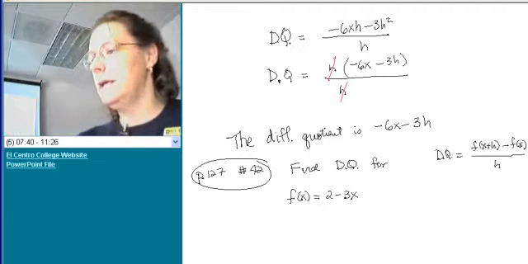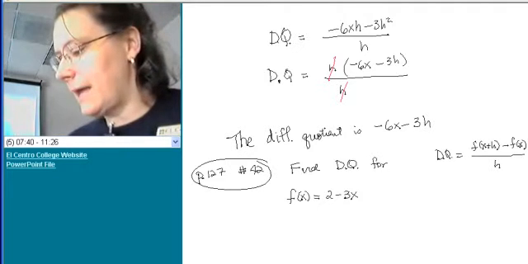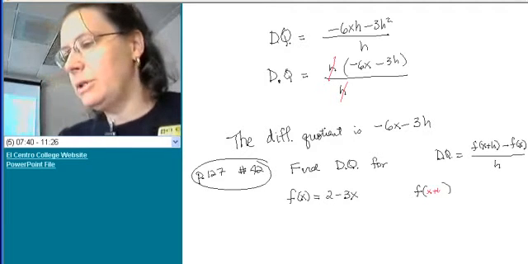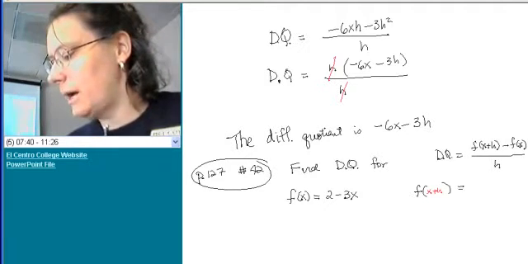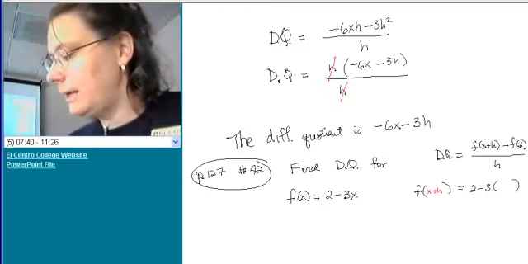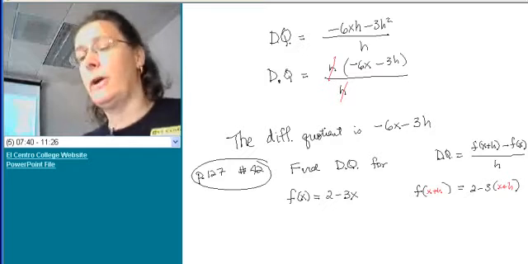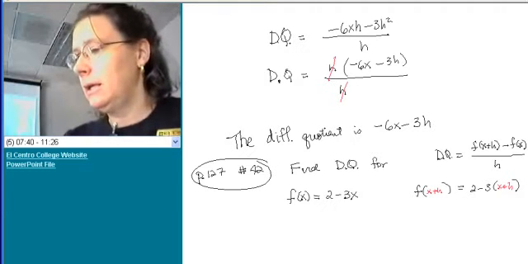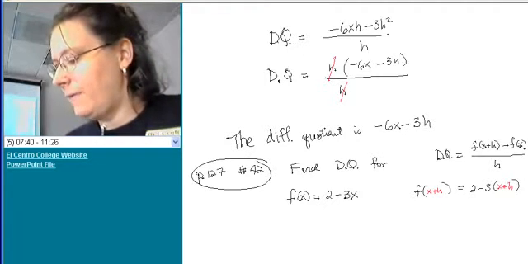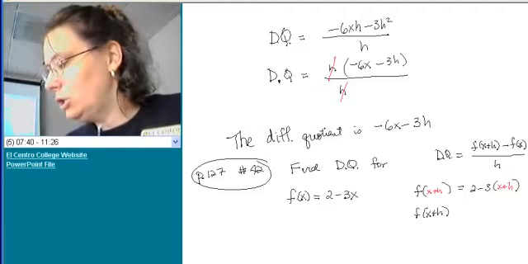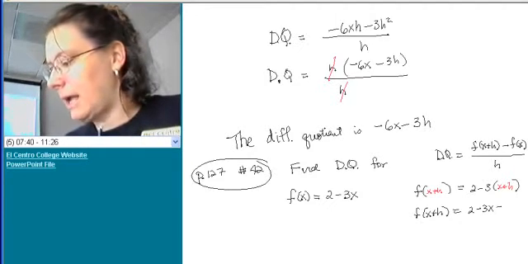Yes. So when we look at this one, this is f evaluated at x plus h. Think about you're taking your function, 2 minus 3x, and evaluating it at x plus h, with no square, because this function is a linear function. So f evaluated at x plus h would be 2 minus 3x minus 3h.